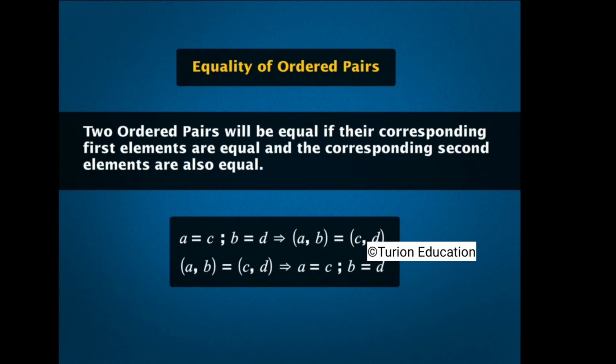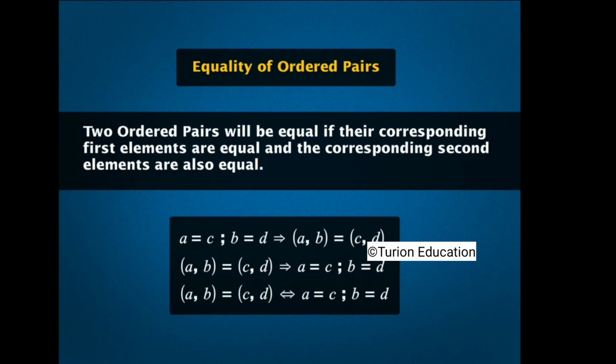On the other hand, if ordered pair (a, b) is equal to the ordered pair (c, d), then we can conclude that a equals c and b equals d. Therefore, we can conclude that the ordered pair (a, b) is equal to the ordered pair (c, d), if and only if a equals c and b equals d.